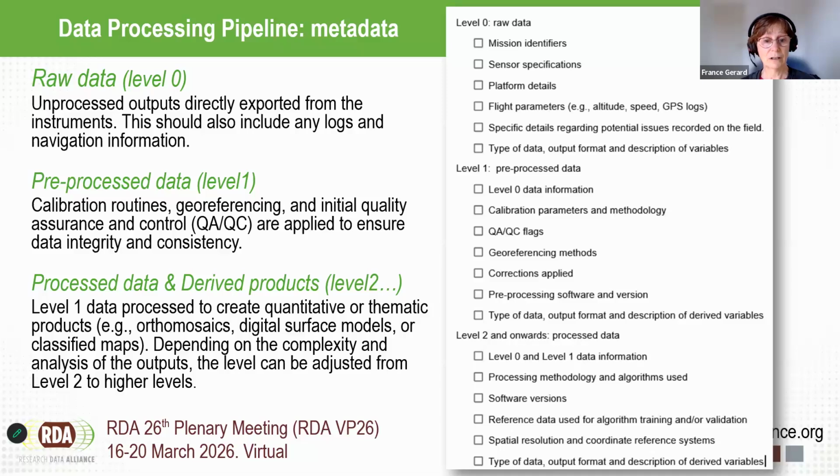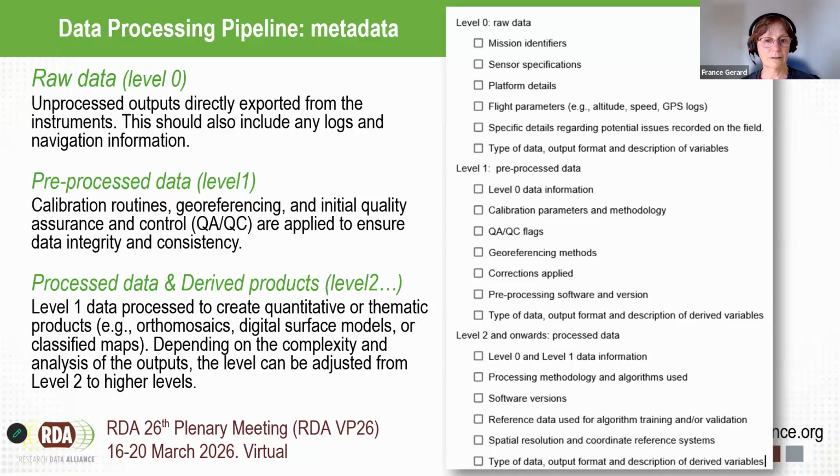And generally, in the remote sensing teams, we tend to talk about level 0, level 1, and level 2. When you think about level 0, that refers to raw data. In there, you identify everything to do with the mission.